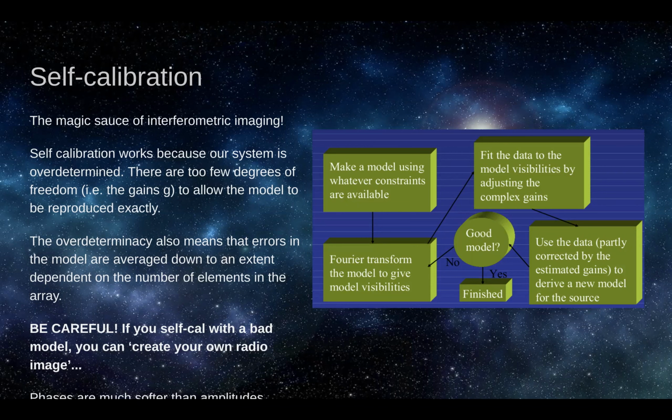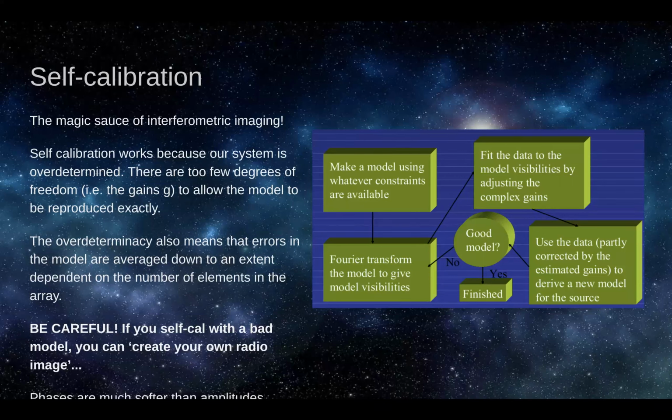Basically, you ask, is the model good? If not, you do it again. You make a new model using clean, come back, and self-cal, Fourier transform it onto the model visibilities, and go back and forth like this. You might have seen that when I was making the image look better, I used clean, self-cal, clean. That's because I was making a clean model, then self-calibrating it, and then cleaning it.